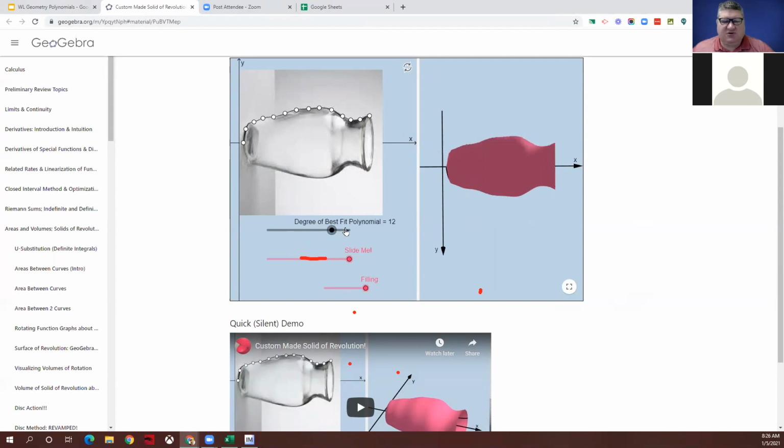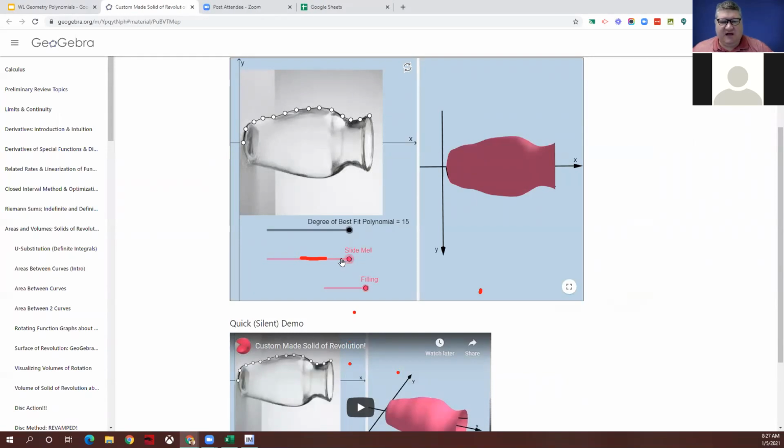So here we go, let's crank it. We get to 13, we get to 12, we get to 11. They're looking pretty good here. Let's go ahead and crank it to 15. And you'll notice these little dots, the 15 key points, match the vase pretty well.